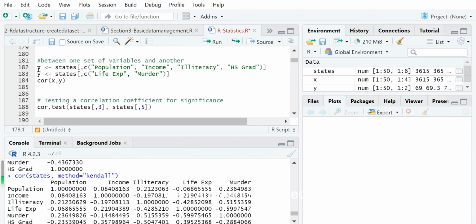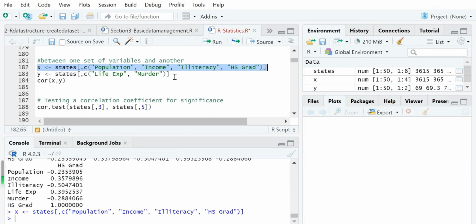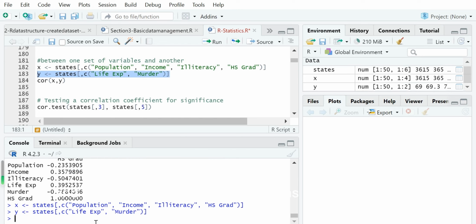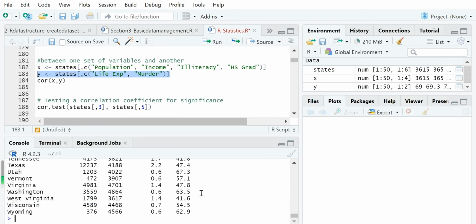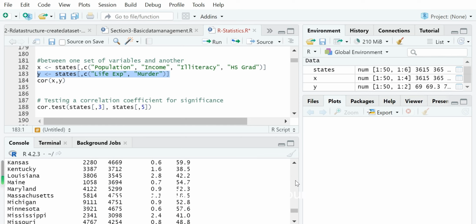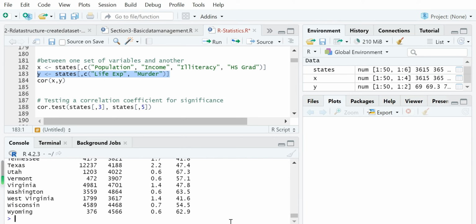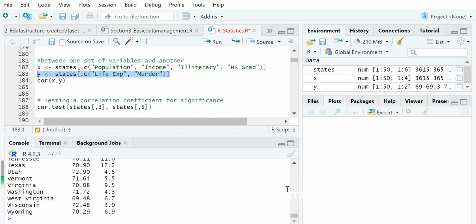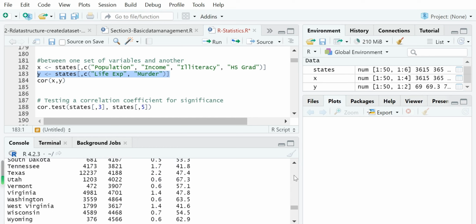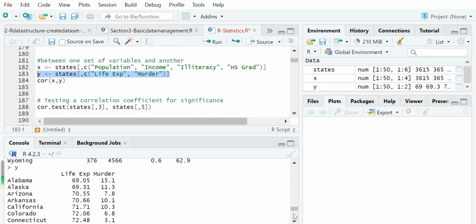But we can also select some parts of the data frame. So for X, we select 4 columns of this data frame. And for Y, we select another 2 columns of this data frame. So X is a data frame with 4 columns, and Y is another data frame with 2 columns.